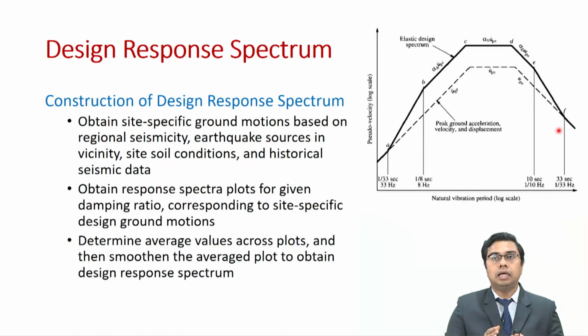We will obtain their average value across the plots and then smoothen the average plot to obtain the design response spectrum. This is the most simplified way to obtain the design response spectrum. However, the design response spectrum arrived at in different building codes across the globe follows a slightly more complicated process, for which you can always refer to any book on structural dynamics.